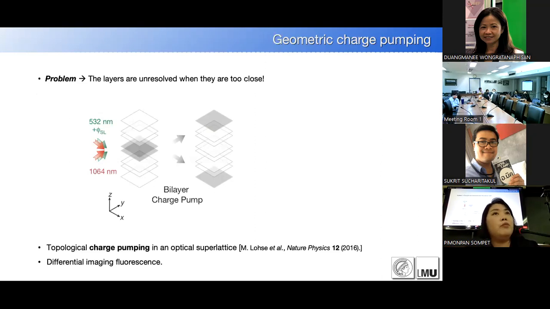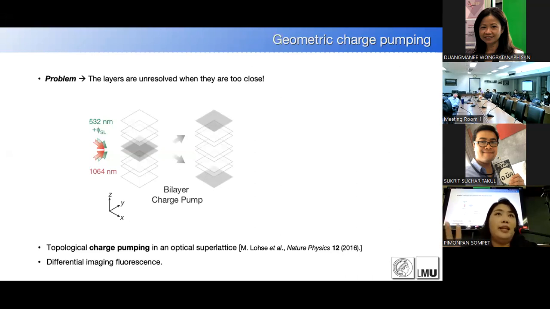If you remember from your quantum mechanics 2, there is a famous Zeeman effect. So the energy will split depending on the strength of the magnetic field.